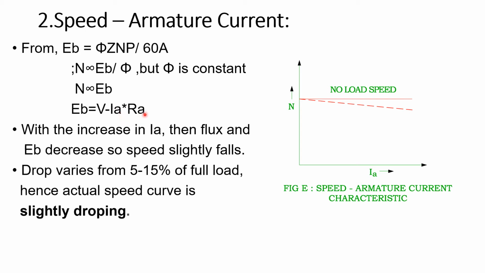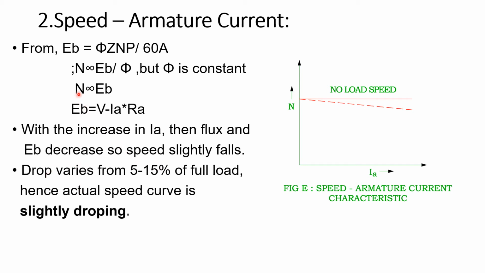This IA RA drop will increase. So Eb will decrease, because Eb clearly depends on this armature current. So when we increase this armature current, Eb will decrease. And due to this reason, the speed will also decrease.